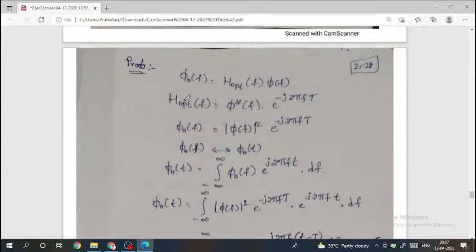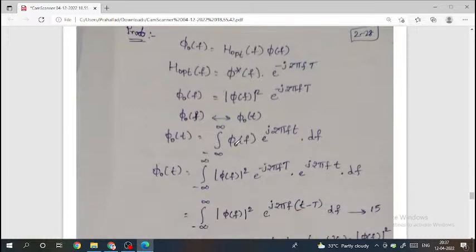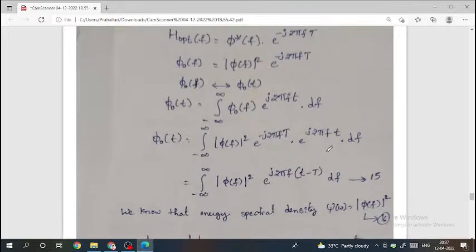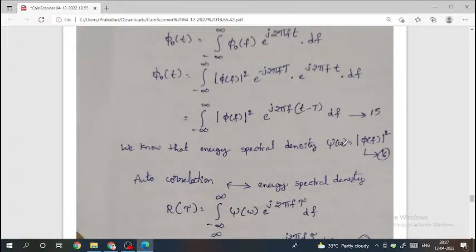From this we can write h of tau, substitute this, then you will get phi naught of f like this. Then take the inverse Fourier transform, you will get phi naught of t like this, and then you will get this one by taking the common e power j 2 pi f. We know that the energy spectral density is given by this.